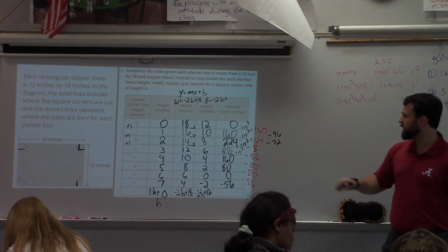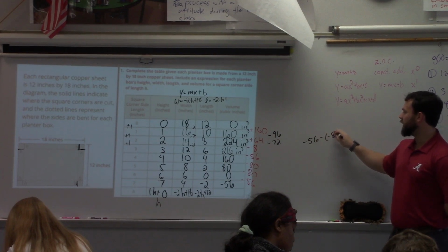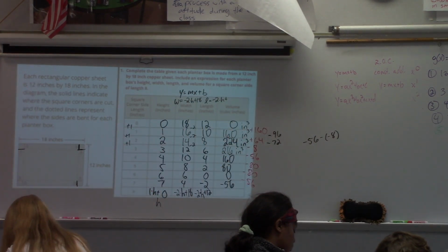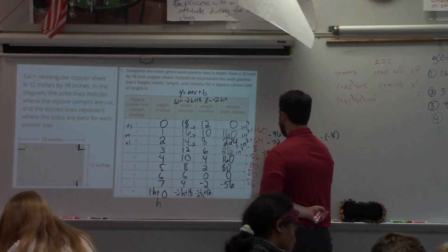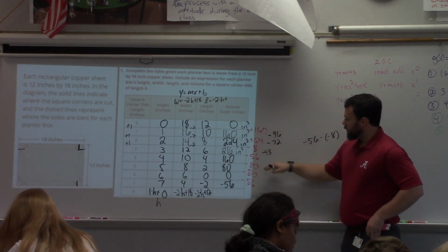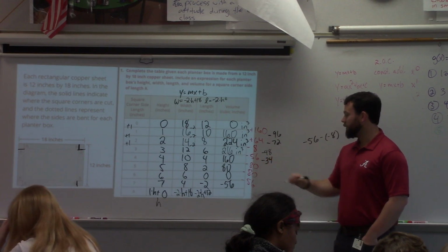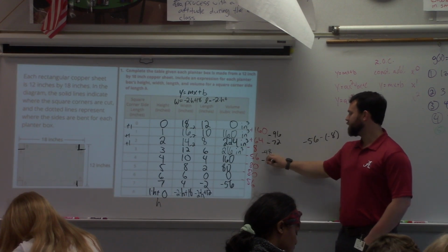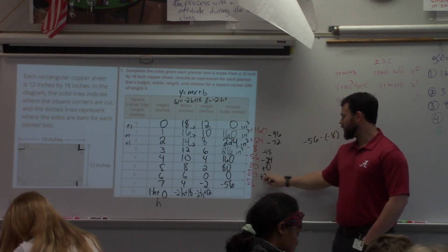So I mean negative 56 minus what? Notice it's a negative 8. So I need negative 56 minus a negative 8. Negative 48. Is it negative 38 or negative 48? Negative 48. Okay? Same thing again. I think it's negative 34 maybe. Does that sound right? 24? Thank you. You're right. Plus 0, and then plus 24.